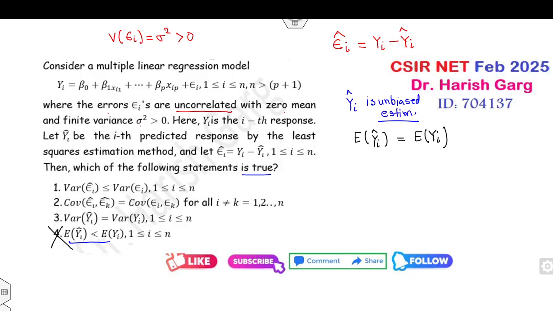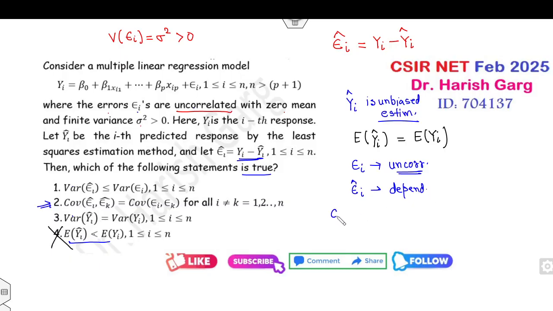Now, second case, they are talking about the covariance because they are the variances. Now, what is given to you? Epsilon i's are uncorrelated, and epsilon i cap are dependent variables.